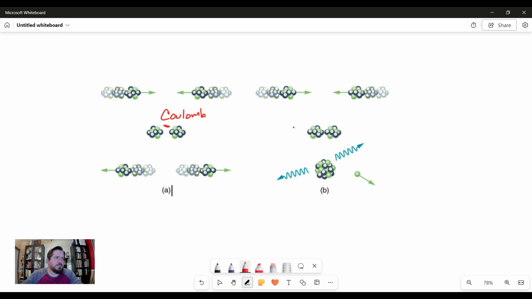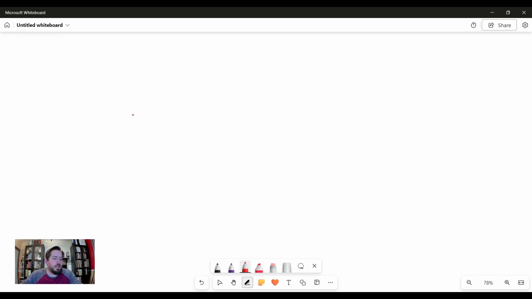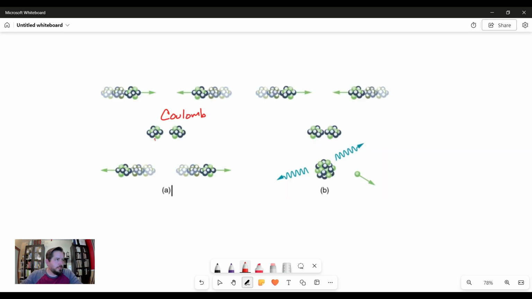In fact, in order to get these two to touch, touch being close enough for the strong nuclear force to be appreciable and bring the two together, it takes temperatures on the order of 10 to the 8th Kelvin, which is ridiculously hot. It's hotter than the core of the sun, where this type of activity happens.